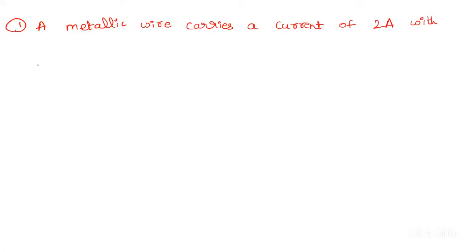So the question is: a metallic wire carries a current of 2 amperes and has a drift velocity of 5 into 10 to the power of minus 4 meters per second.